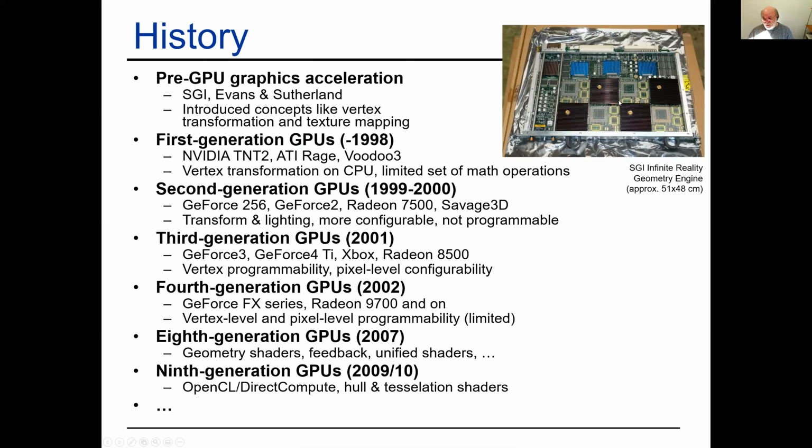So it's a huge card. These are ASICs that had been designed by Silicon Graphics at the time. And if I remember correctly, you could have 2 of those geometry engine cards in one of the SGI machines. So they were huge. For storing the frame buffer, there were raster manager cards.